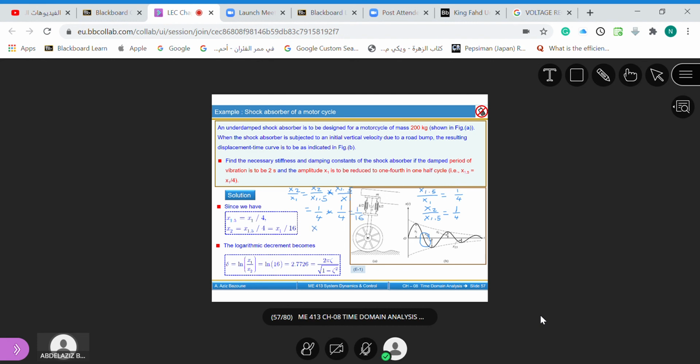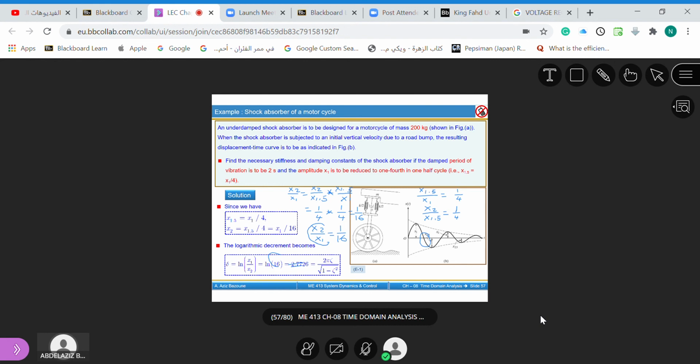That means x2 over x1 will be 1 over 16. So if we take delta, delta will be ln of x1 over x2, which is ln of 16. Ln of 16 is simply 2.7726, and this will be equal to 2 zeta over the square root of 1 minus zeta squared.